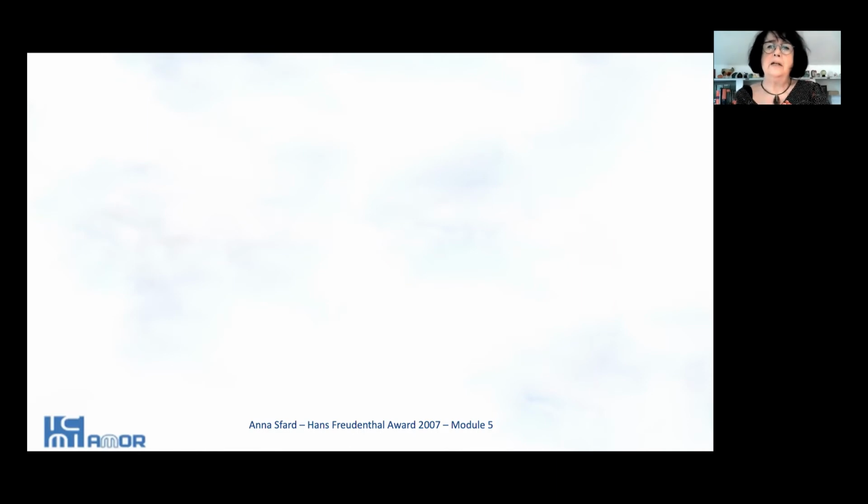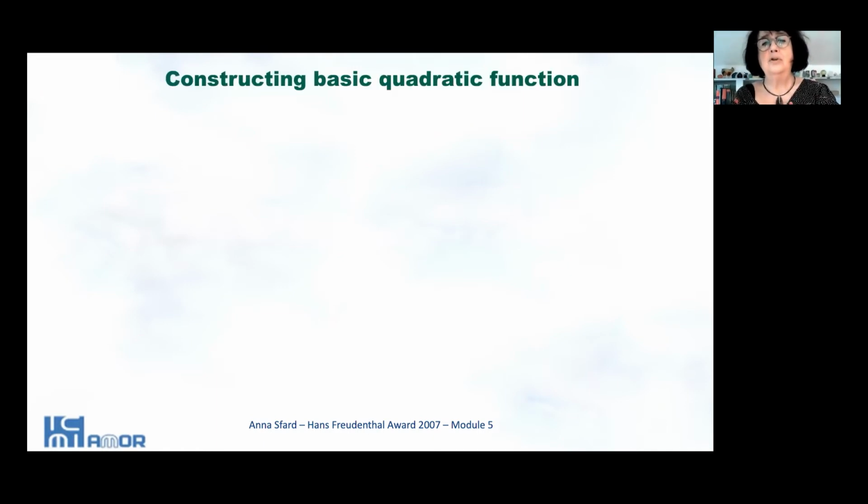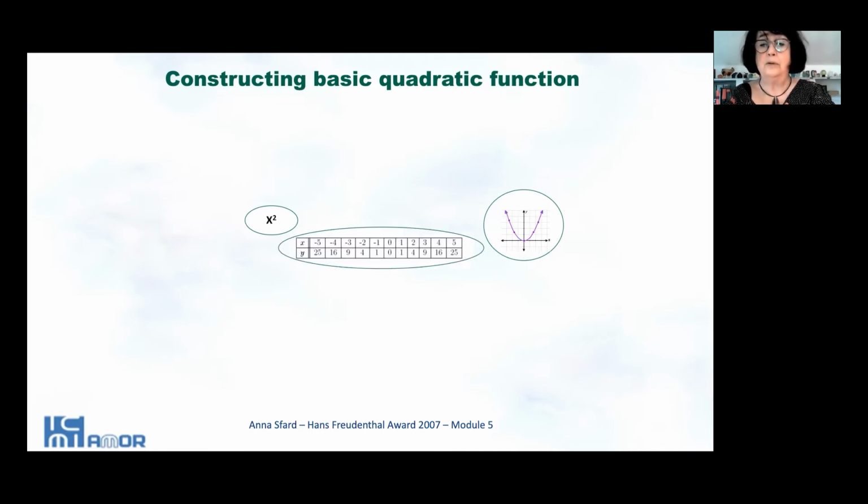While constructing mathematical objects, we perform saming, reifying, and encapsulating in different combinations. Let me illustrate by showing a construction of the object called basic quadratic function. It is reasonable to conjecture that the idea of this function emerged when people realized that some useful stories about the expression x squared may be translated into narratives about the curve called parabola, and also into ones about a certain table of values.